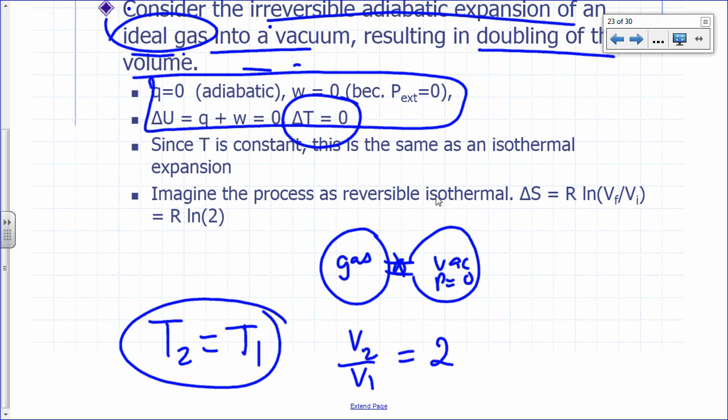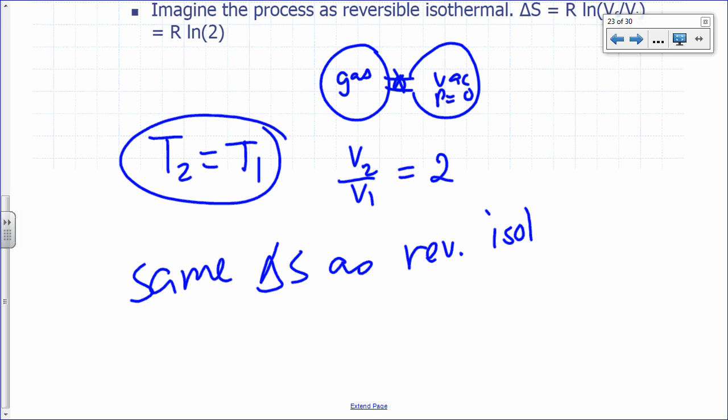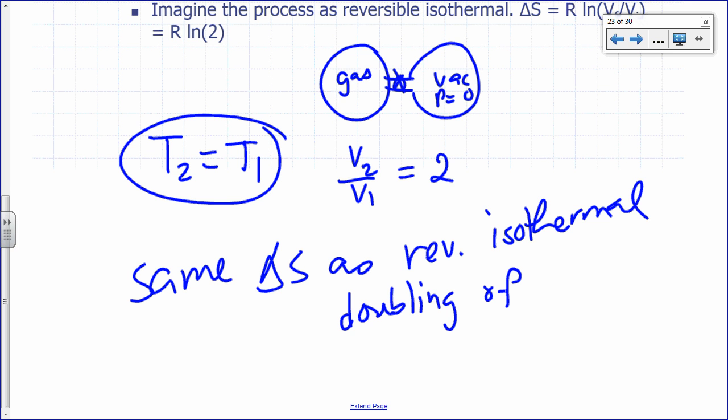Right? So what we can do then is, the delta S for this is the same delta S as a reversible isothermal doubling of the volume, right? That's the process that we imagine.